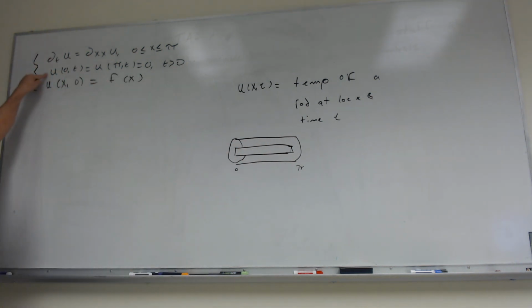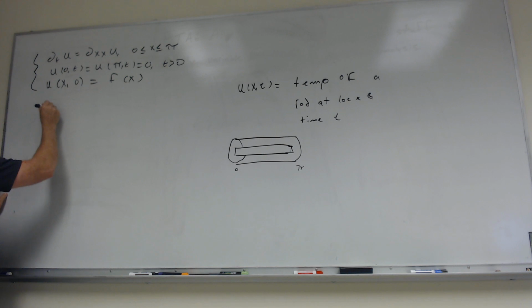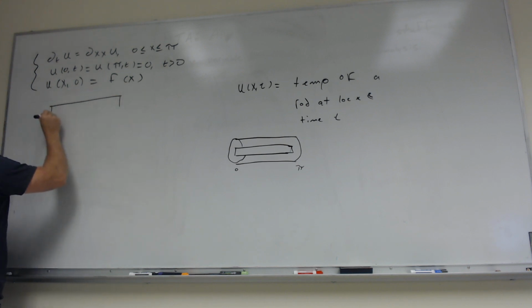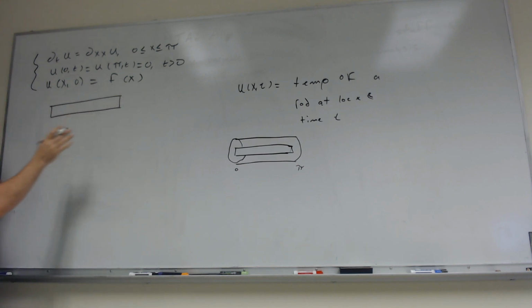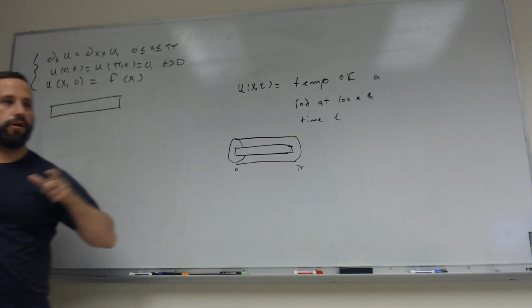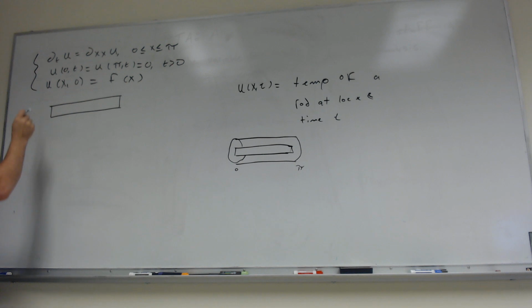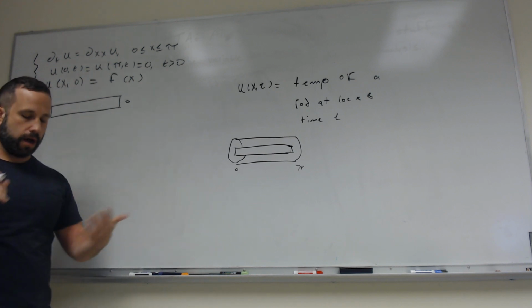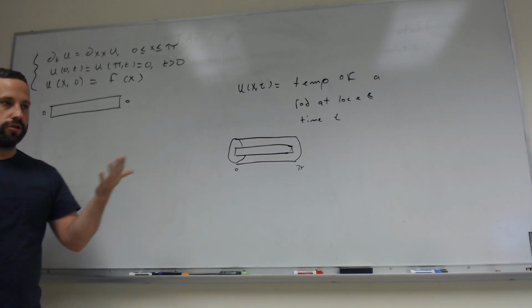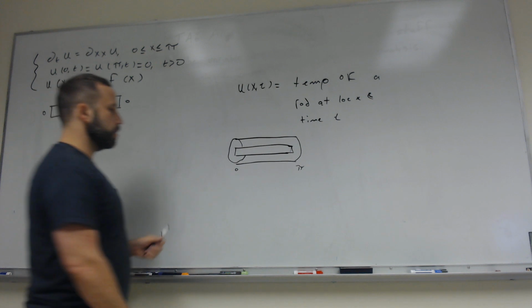And we're assuming this condition right here, that u(0,t) and u(pi,t) are equal to 0. If I look at my rod, it could either be a rectangular rod or a circular rod. It doesn't really matter as long as heat can only flow left or right. What I'm saying is that I'm keeping my temperature at the ends of the rod 0. And it doesn't matter which temperature system you're picking 0 to be here.